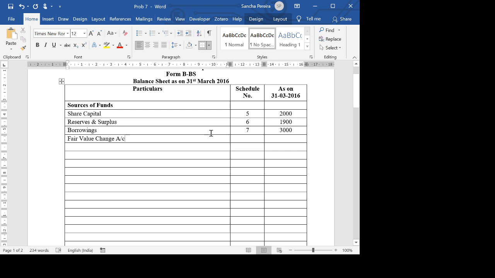Do liabilities show debit balances or credit balances? Students, have you all understood the question? I'm just asking a very simple question. No reply?